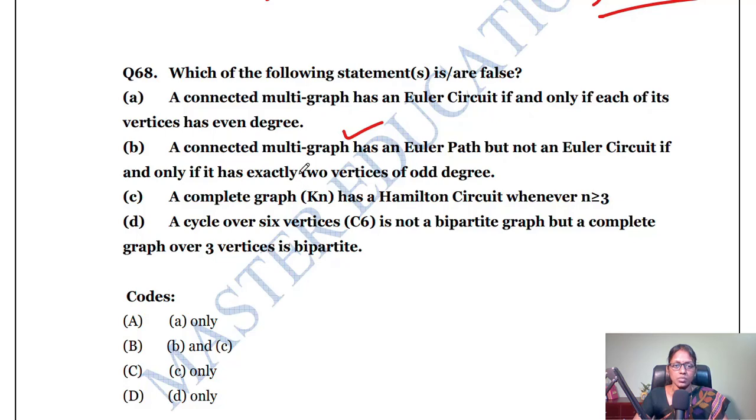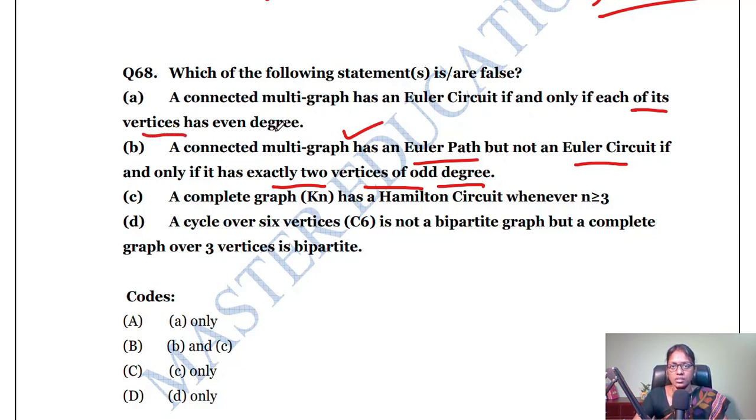The next statement is, a connected multigraph has an Euler path but not an Euler circuit if and only if it has exactly two vertices of odd degree. So this is also correct. Yes, in a multigraph that is called an Euler path but not an Euler circuit. If it is an Eulerian circuit, then each of the vertices should be of even degree.